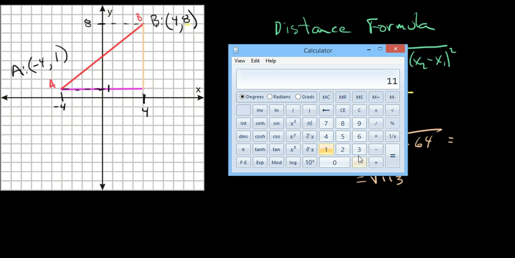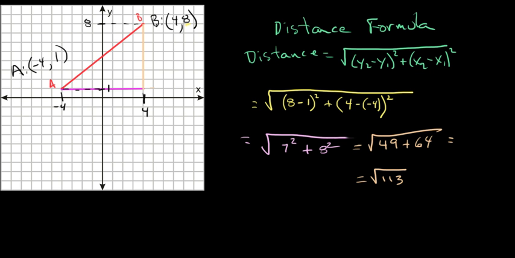And 113 square root is 10.63, approximately. So our answer would be approximately 10.63. So that's how long the segment is going from A to B. And that's how you find it. It's pretty simple. Let's try one more, shall we?